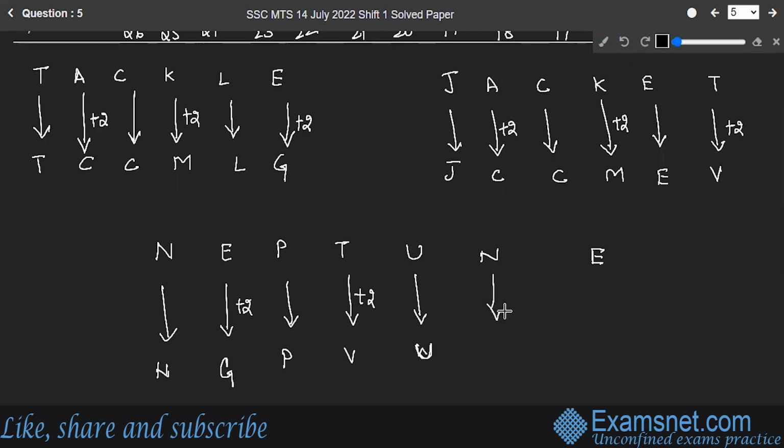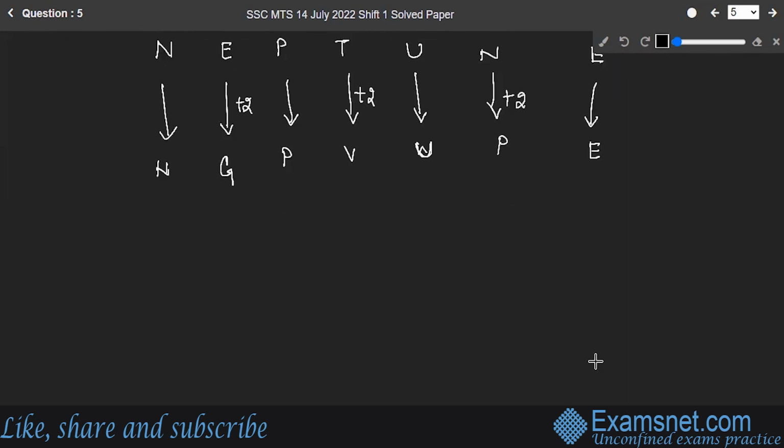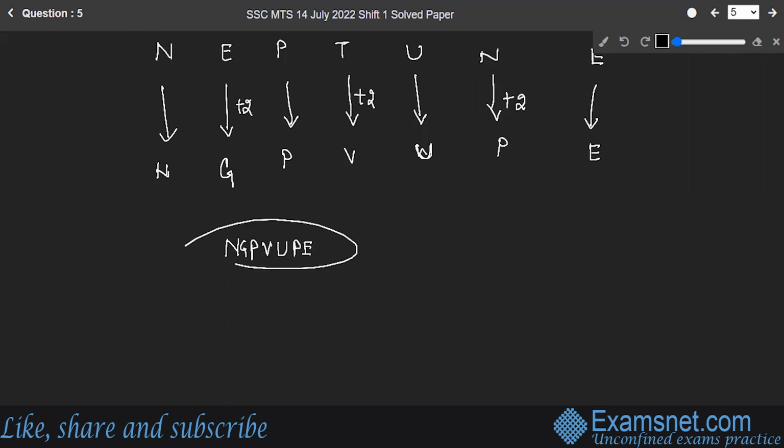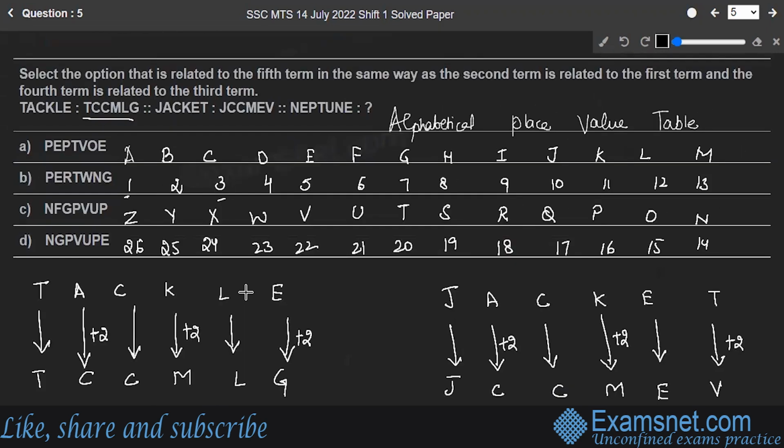Now, next one is N. You have to add a 2 over here and you will get a P: N, O, P. And E will be kept as such. So the code will be NGPVUPE. Okay, let's check with the options, which is the correct answer. Option D is the correct answer to the question.